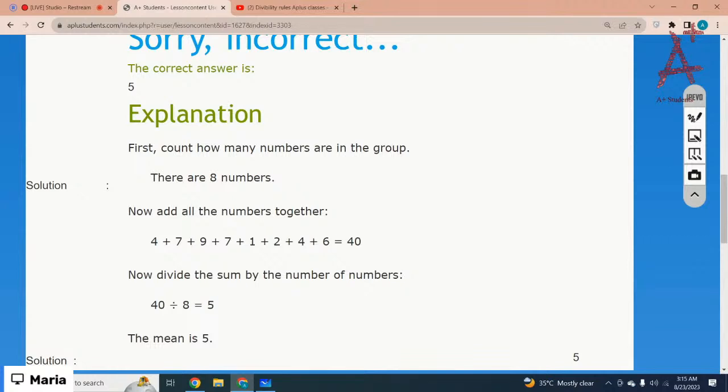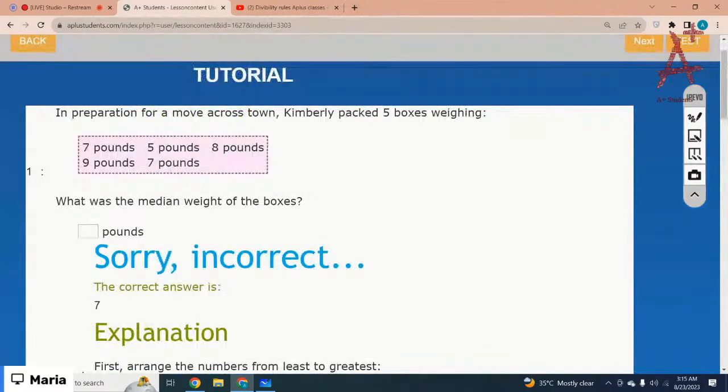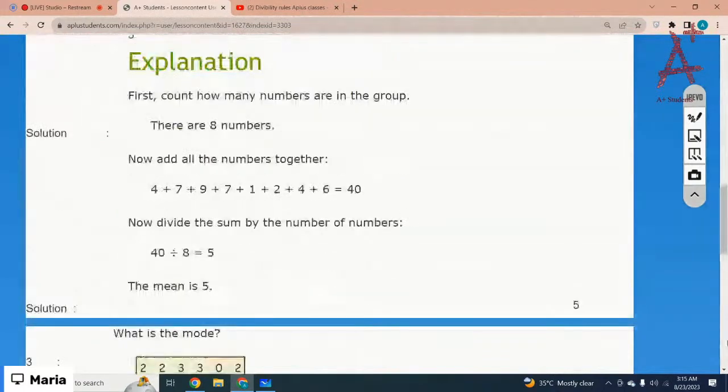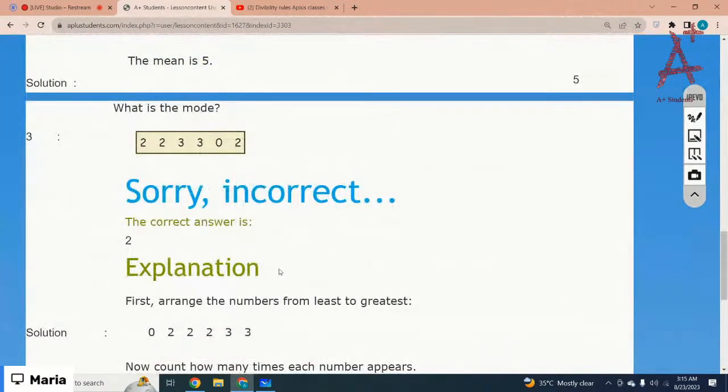Okay, the next one is what is the mode? Here is the data: 2, 2, 3, 3, 0, 2. When you calculate the mode, first arrange them from least to greatest, right?